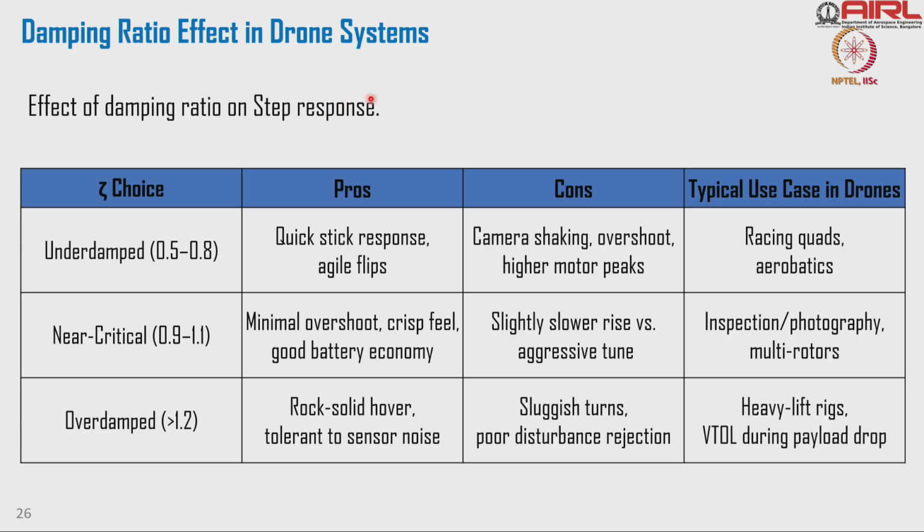So we can try to understand its effect and how we can manage that. If it is an underdamped system, we can see that it starts shaking because you have oscillation. If it is a critically damped system, it rises slowly. You need a trade off between how fast the system rises and how aggressive you want it.